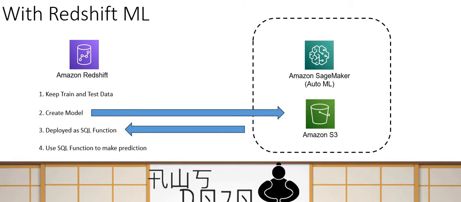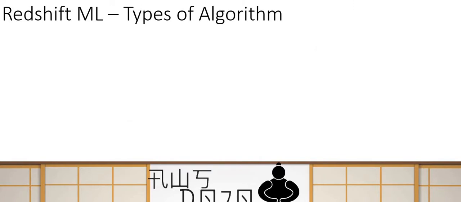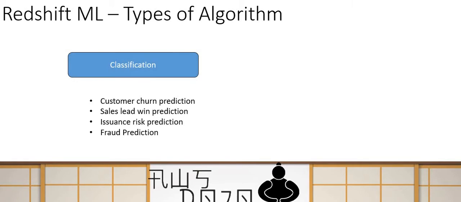Now, with Amazon Redshift ML, there are two types of algorithms it supports, and that covers most of the typical algorithms you talk about. It supports classification algorithms, where you can solve problems like, based on my data, tell me if the customer will churn or not, or tell me if this sales lead is a winnable sales lead or not.